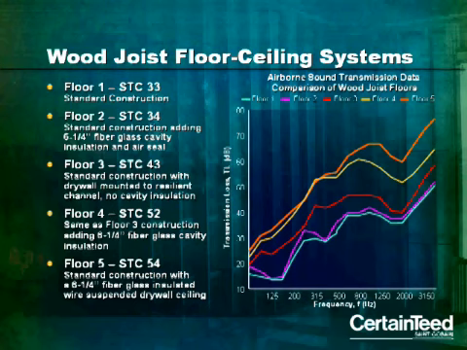Floor 1, standard construction, air sealed, STC 33. Floor 2, achieves STC 34 by adding fiberglass insulation 6 1/4 inches thick. Floor 3 eliminates the cavity insulation and instead adds drywall mounted to resilient channel, breaking the structural tie for STC 43.